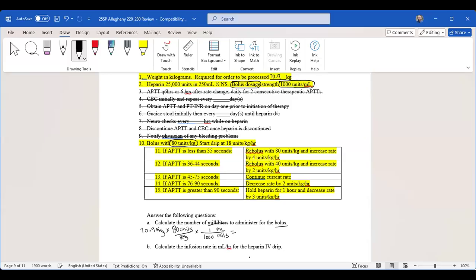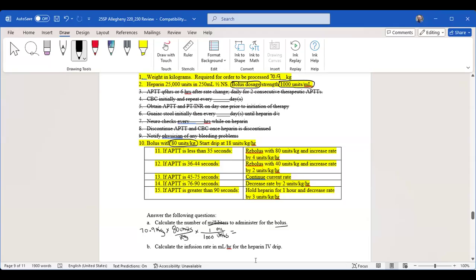Now, the reason I did this all like this is that way we can just answer the question and not have to break it up into steps. So I'm going to take that 70.9 times 80. That does give me 5,672. And I'm going to divide by 1,000.